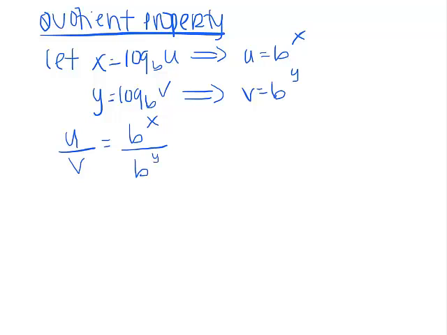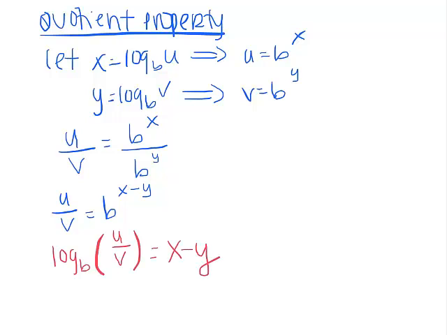Okay? And then by properties of exponents, that's b to the x minus y. Okay? So if I rewrite that in log form, I get log base b of u over v equals x minus y. Right?